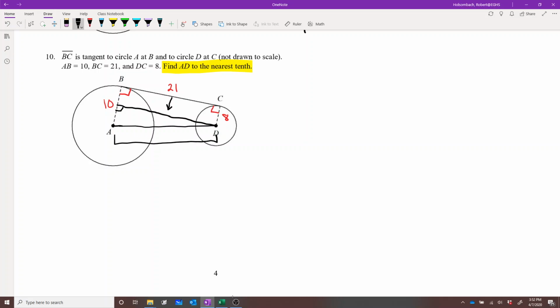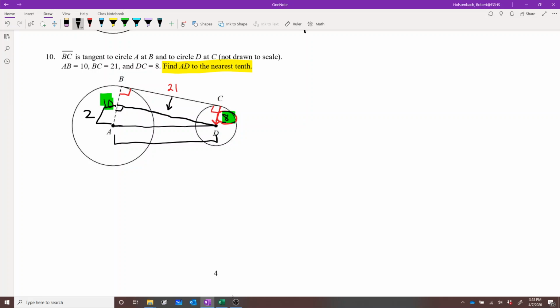So if you see right here, what we did was we slid this down 8 units. So if it was over here on the left, if it was 10 to begin with, and we slid it down 8, this piece right here is now 2 units long.